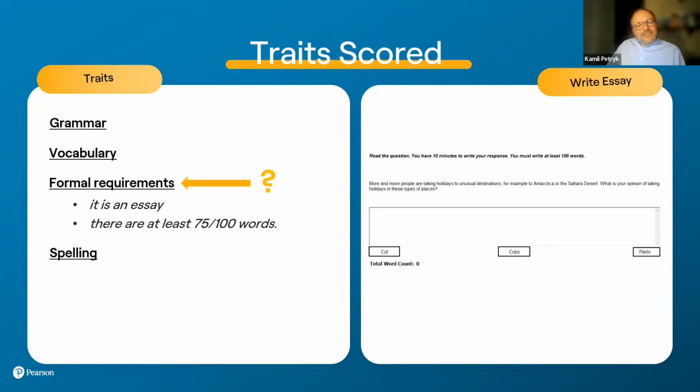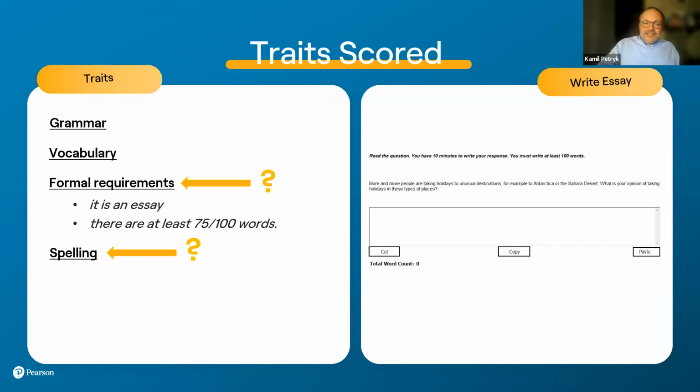Spelling. Well, it seems obvious what spelling is, but what do you think? This trait that is called spelling, what does it assess? Right, just spelled words correctly. Thank you, Jana.